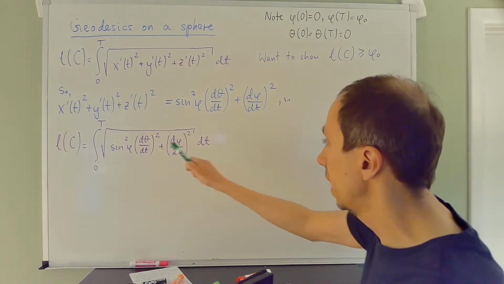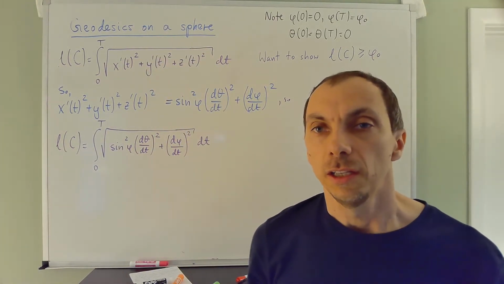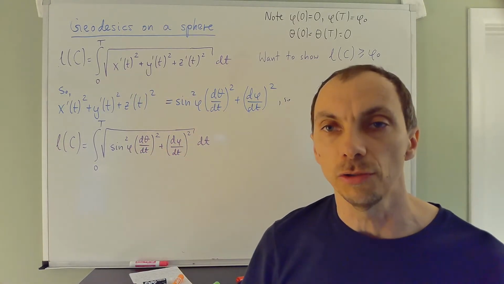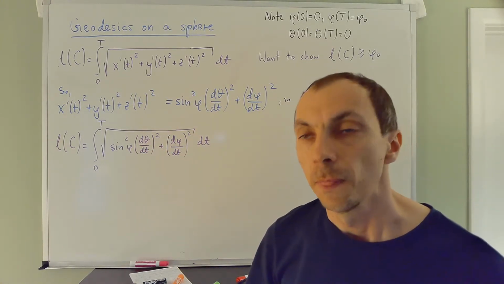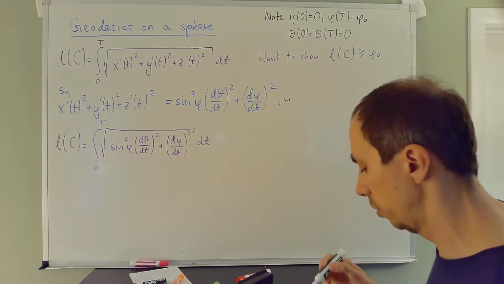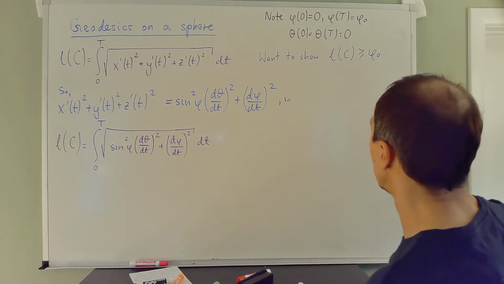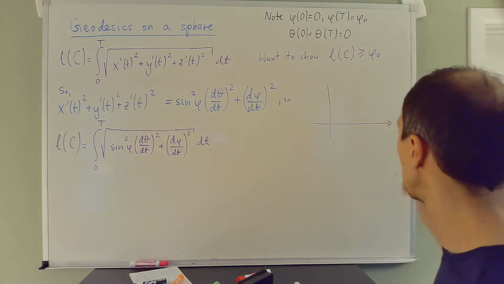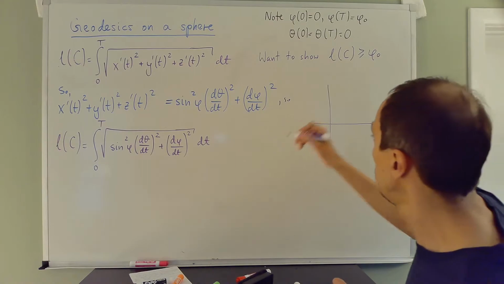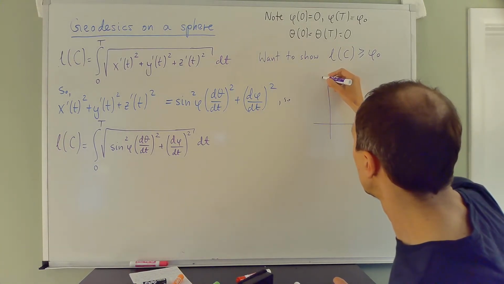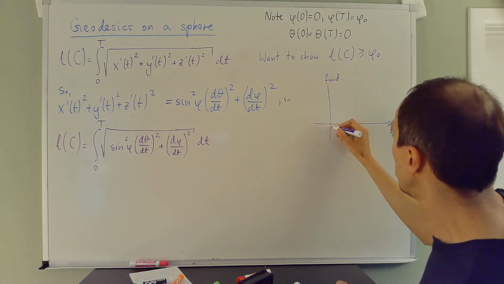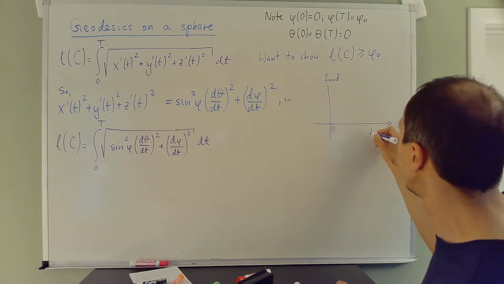If you just forget about the phi and the theta here, they are just functions of t, right? Everything here is a function of t, so it's a function of one variable. If I wanted to, I could just graph it somewhere as a graph of a function of one variable. So here will be t, and here will be that function, whatever that is. And we start from 0, and we end with t.